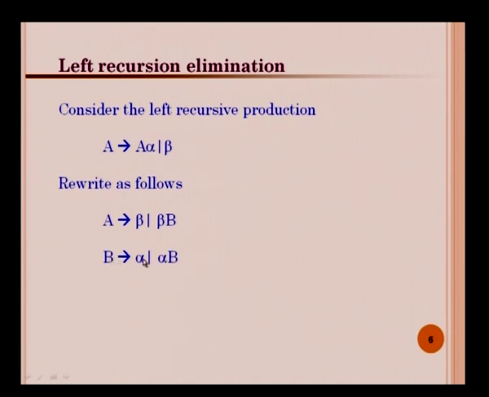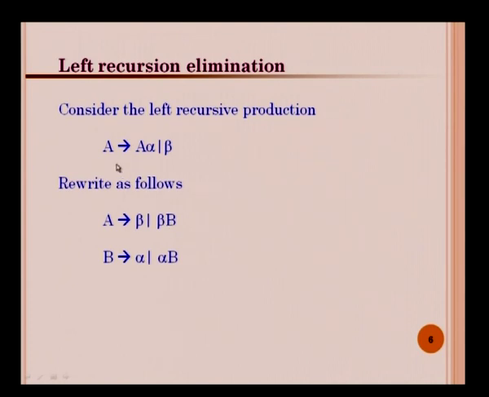And if you want two times, then you can go for the second alternate first of all. So B derives alpha B, and then B can this time be expanded by using the first alternate. So we will be having alpha two times, and already we know that beta has been generated. So beta followed by alpha alpha will be the answer.